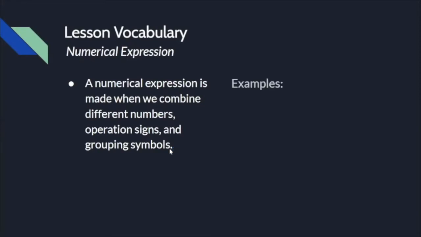For example, the expression 1 plus 2 plus 3 plus 4 is a numerical expression. It has numbers and operation symbols. They may get a little more complex to include grouping symbols as well, such as this example, 5 parentheses 1 plus 8 parentheses plus 7.